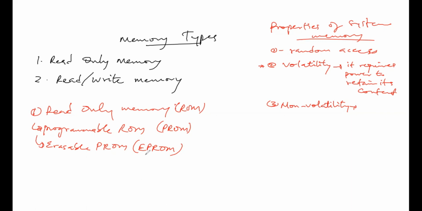So once erased, EPROM can be reprogrammed, unlike the programmable ROM. Then we also have another type of the read-only memory, which is the flash memory. Now, the flash memory is a special type of the electrically erasable PROM, okay?